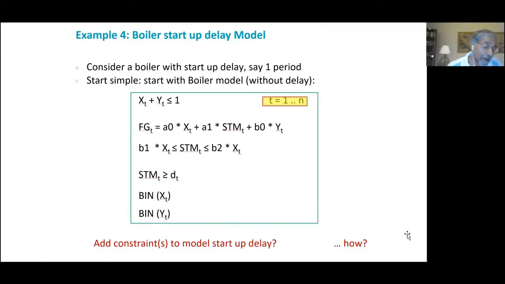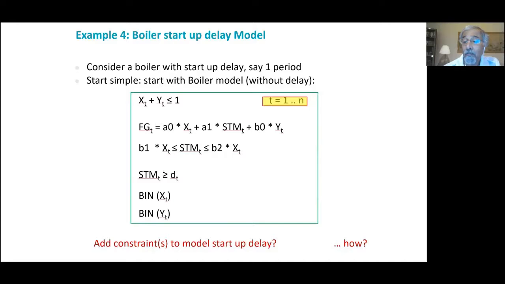Okay, let's consider another example of multi-time period. And here the constraint is that the boiler cannot start instantaneously. There's a delay, let's say one time period, 1 hour delay. So how do we start modeling? Start with the boiler without delay, the previous boiler we had, and we could repeat it for the n periods. So the models are getting bigger, n times what we had before.